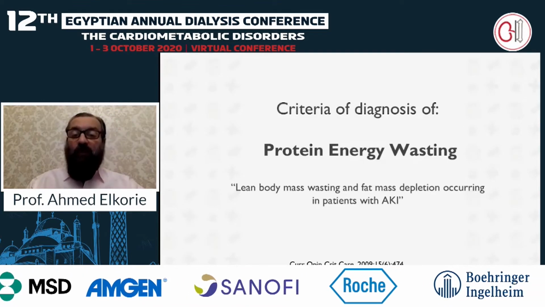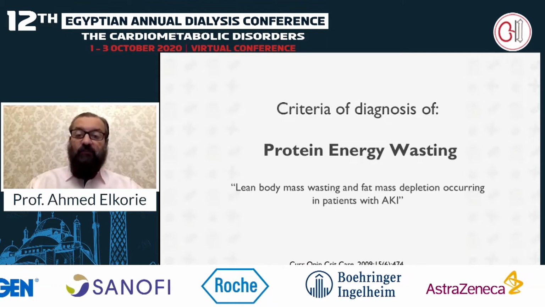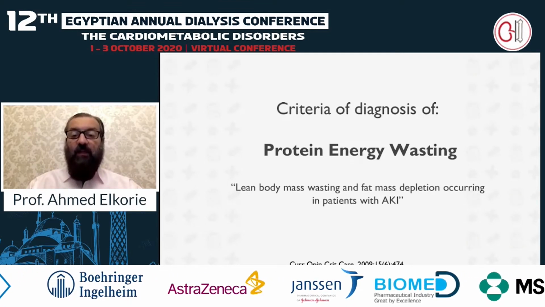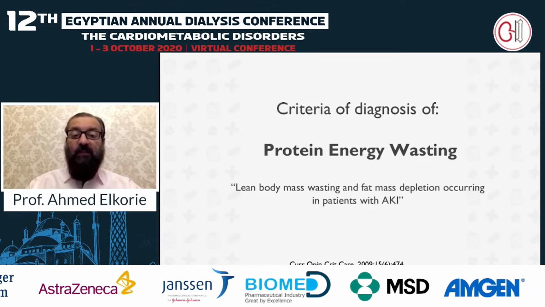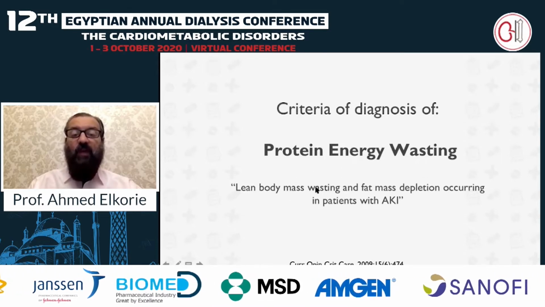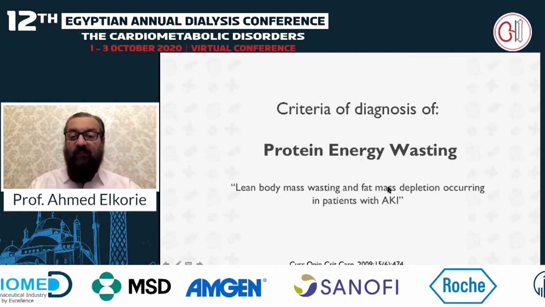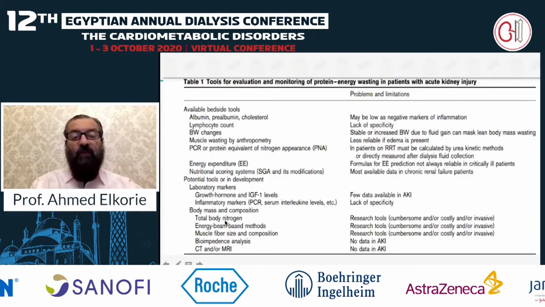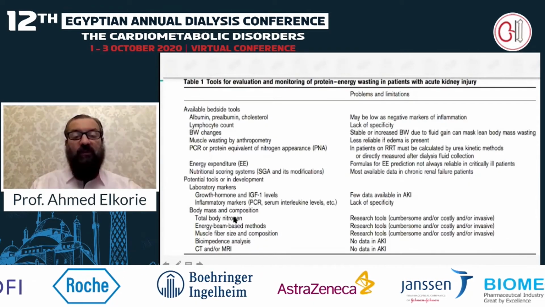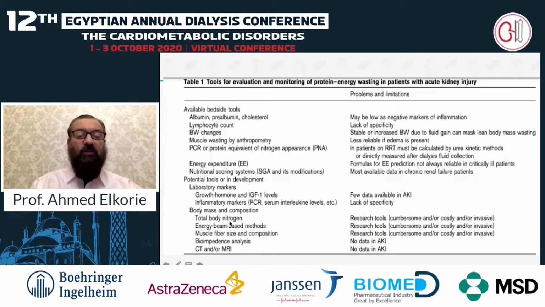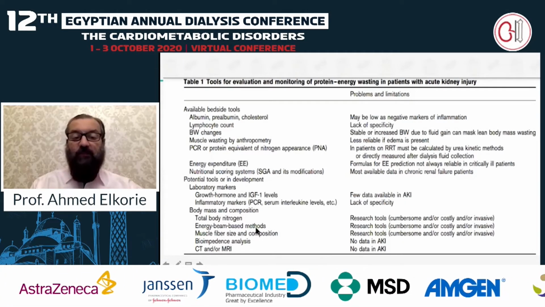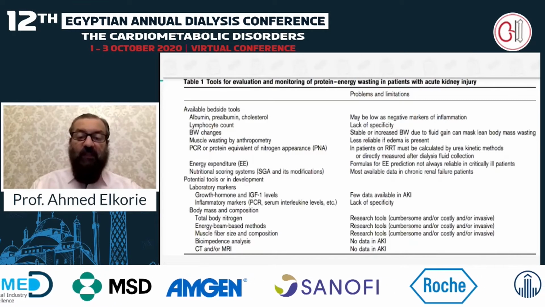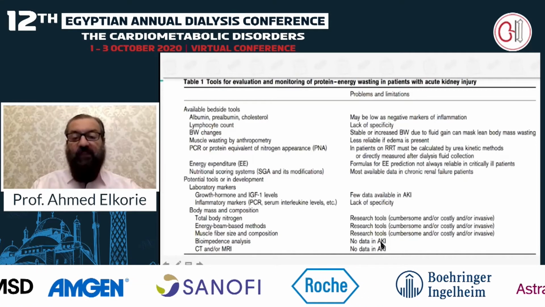So the protein energy wasting, now that we understand why it occurs, is the issue of AKI nutritional abnormality. To diagnose protein energy wasting, you look for wasting of the lean body mass and fat mass depletion in those patients with AKI. Among the potential tools in development, like body mass composition, total body nitrogen, and energy beam-based methods with bioimpedance analysis, CT and MR and others, they still lack data specifically in the AKI situation.